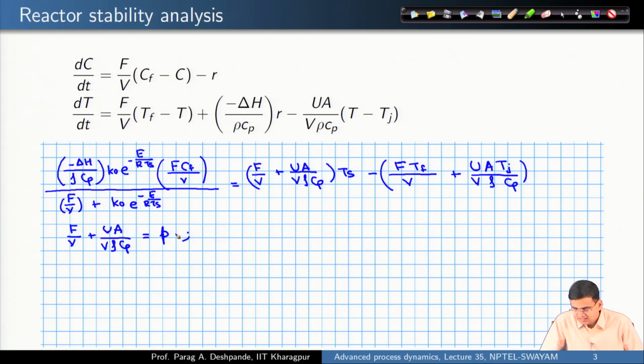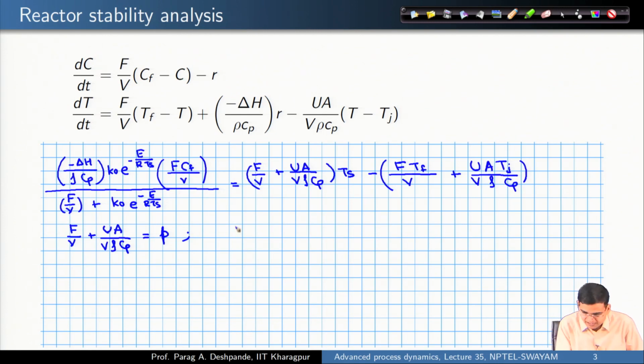Further, the system is assumed to be at steady state. So, feed rate would be constant, temperature of the feed would be constant, the material properties have been assumed to be constant. So, U A V rho C p everything would be a constant.